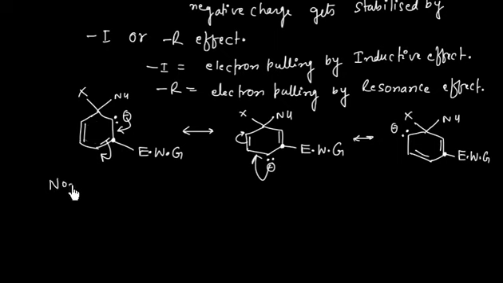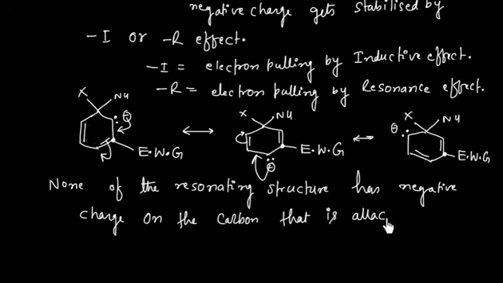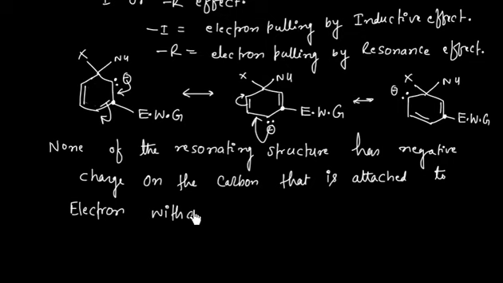So none of the resonating structures has a negative charge on the carbon that is attached to the electron withdrawing group, that is EWG.